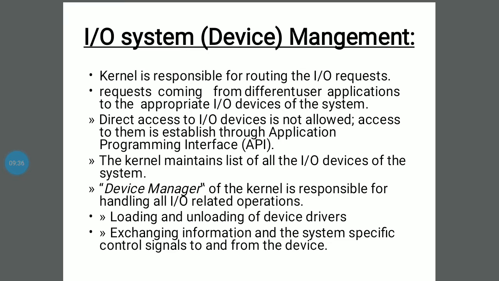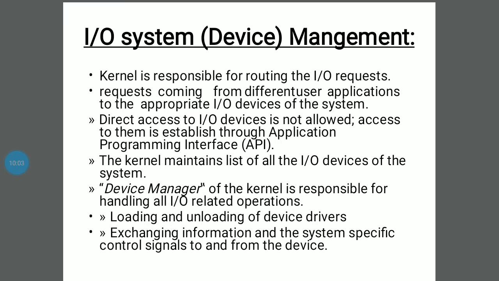That entire thing is taken care of by the kernel, through the IO system management. Direct access to IO devices is not allowed in some cases, so access is established through the application programming interface. The user cannot directly access the IO devices except through the API, and the kernel maintains a list of all the IO devices of the system.